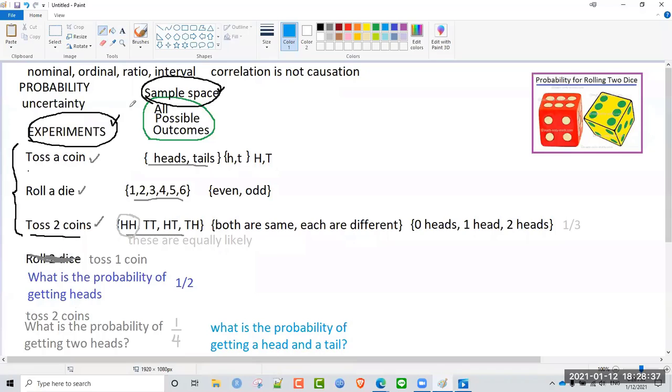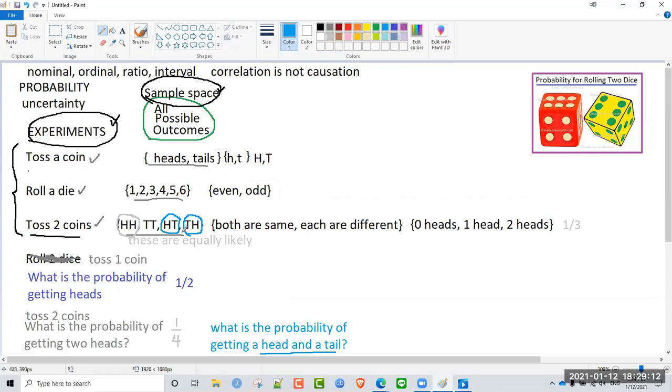So does this have a head and a tail? No. Does this have a head and a tail? No. Does this have a head and a tail? Yes. And does this have a head and a tail? Yes. So how many of the 4 satisfy this? 2.